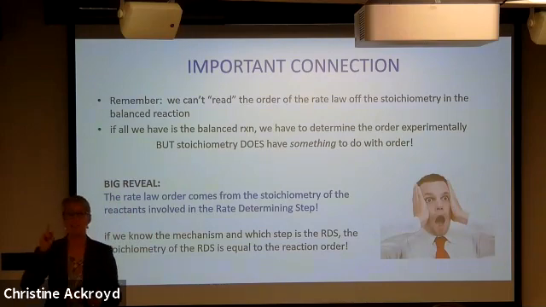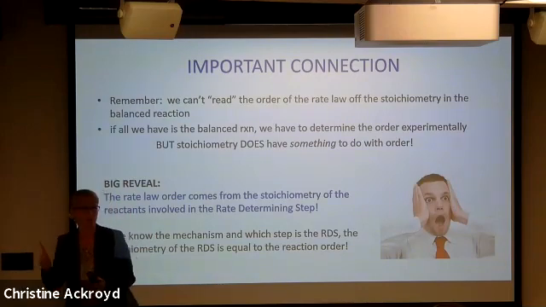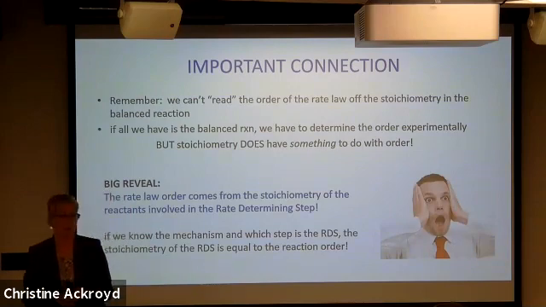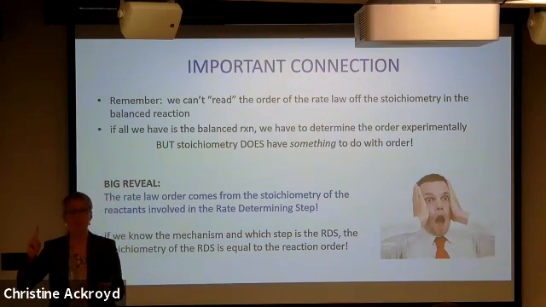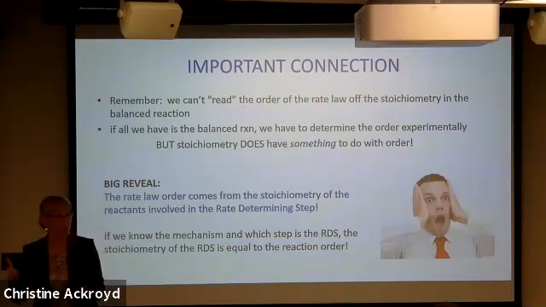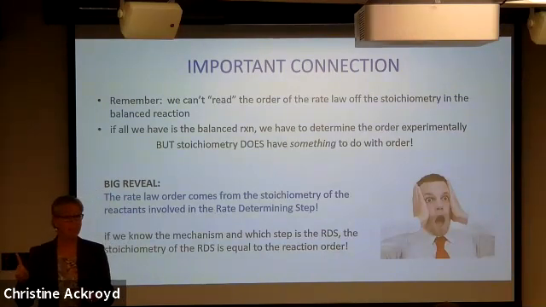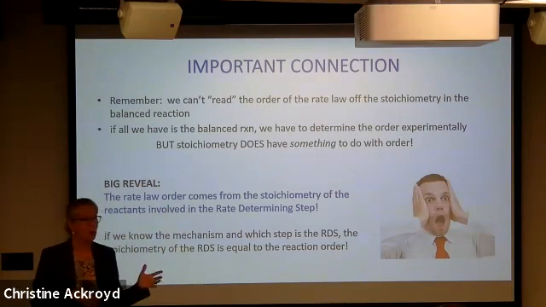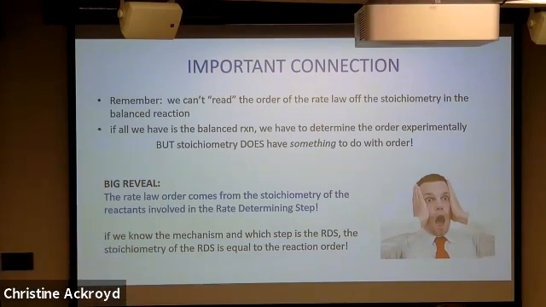If you have only a single step in the mechanism, what's the rate determining step? If your reaction mechanism is a single step, then the order of that single rate determining step is the order of the rate law, which does match the stoichiometry of the reaction.